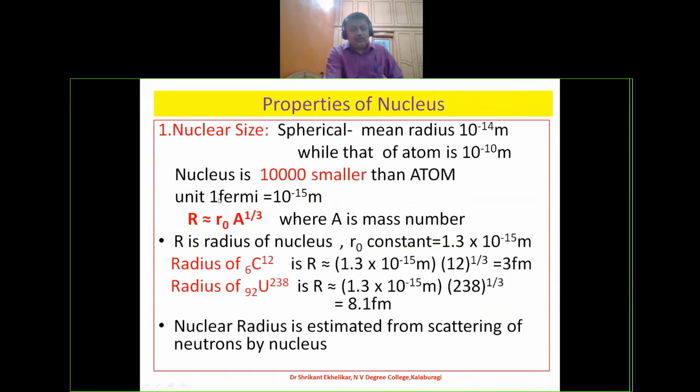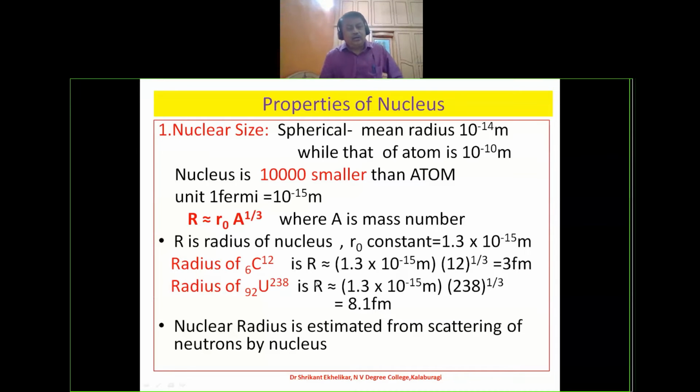Nuclear dimensions are measured with a very small quantity called 1 Fermi, which is equal to 10 raised to minus 15 meter. Since we cannot directly derive an expression for the radius, where r is the radius of the nucleus, you can estimate it approximately, not exactly, as r naught a to the power 1 by 3.